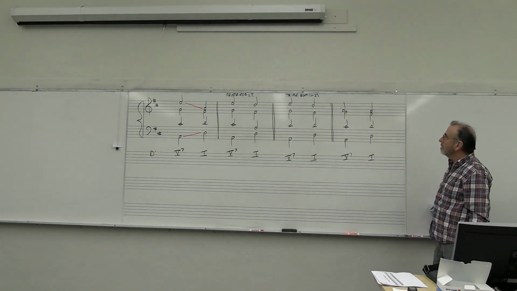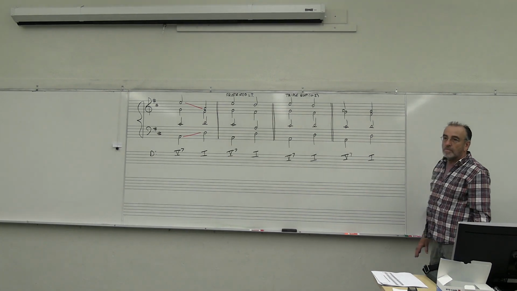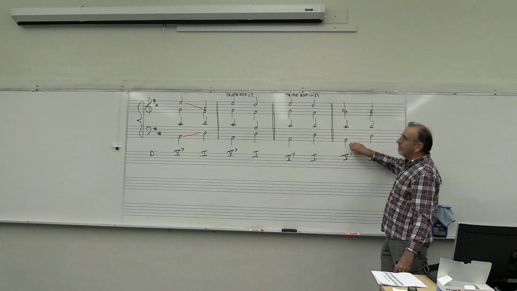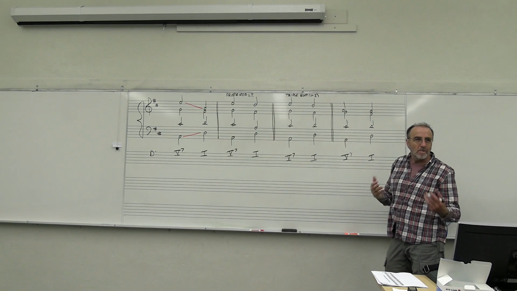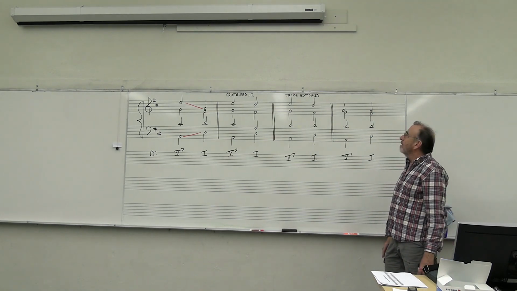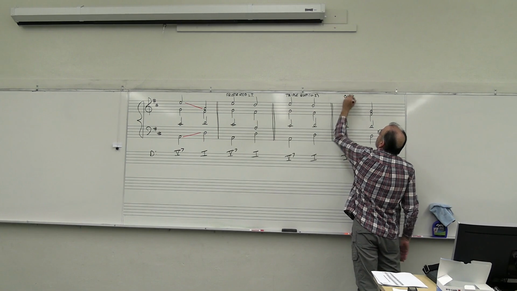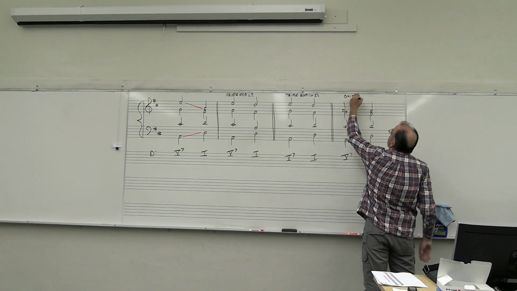So the previous one, you omit the fifth in the 1 chord, and the next one, you omit the fifth in the 5 chord. And you can think of it that way too, like omit the fifth in the 1, omit the fifth in the 5, or triple the root in the 1, however you want to think of it in your head, and those different terms are applied. But often we talk about tripling the root in the 1 and omitting the fifth in the 5.